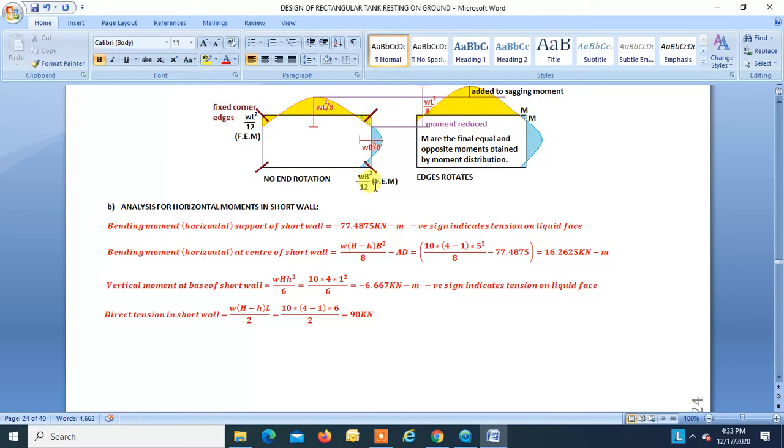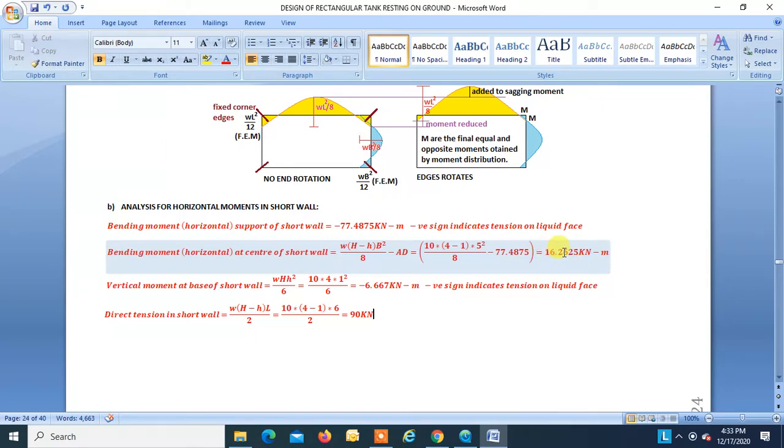Now finding the horizontal sagging moment at the center of the short wall. The fixed end moment over here was first 62.5, and now it has increased to 77, so the center moment will decrease. So we take WL square by 8 minus AD, which is found to be 16.265.